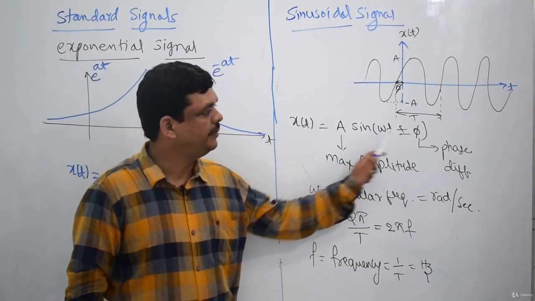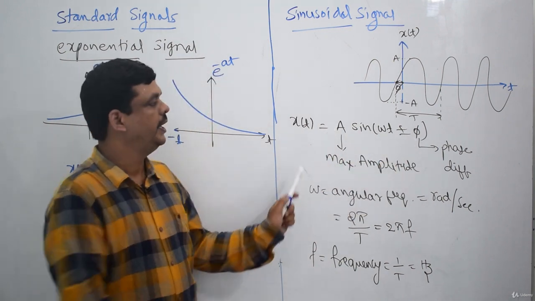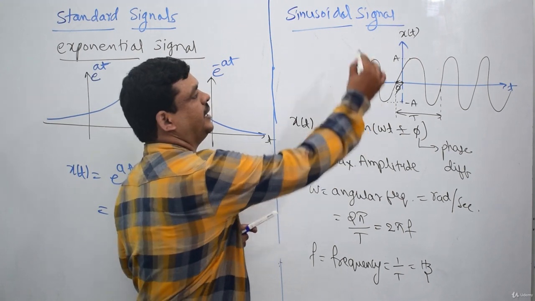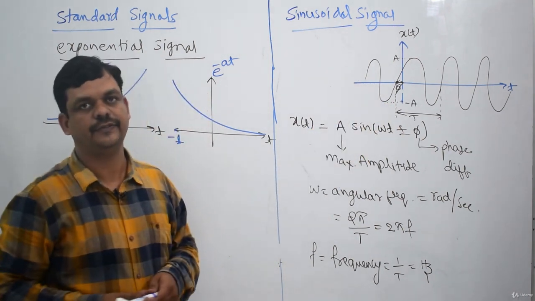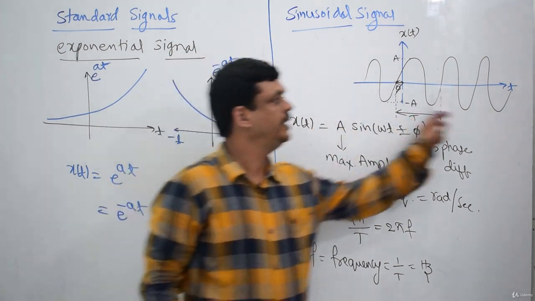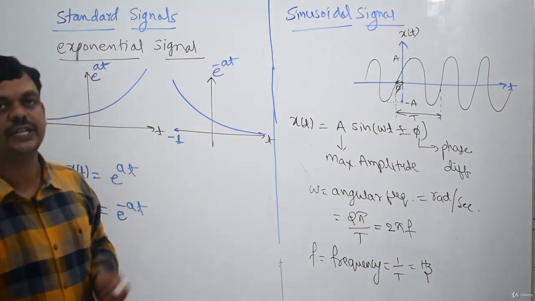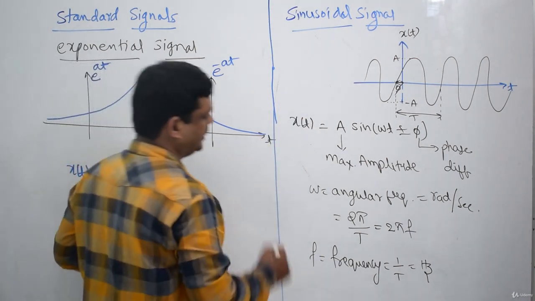This explains omega, this is the phase difference, and this is the amplitude. And the name sine explains a sinusoidally increasing and decreasing function. And one more representation is there, this is t. t explains the time axis. This is another standard signal, the sinusoidal signal.